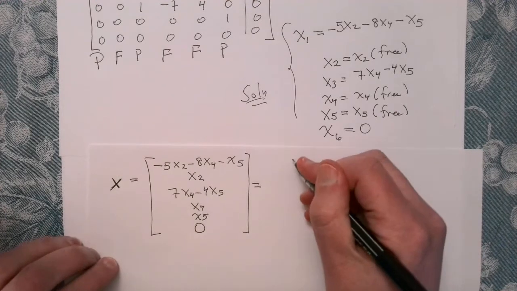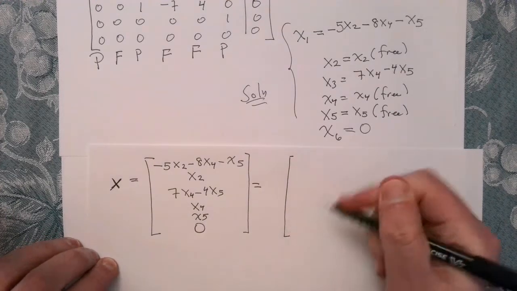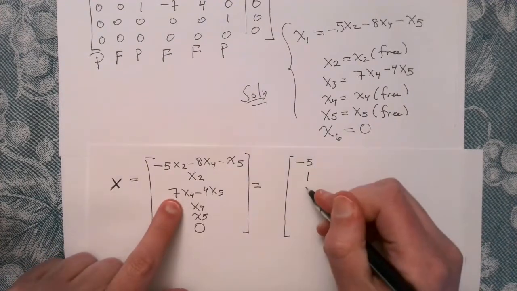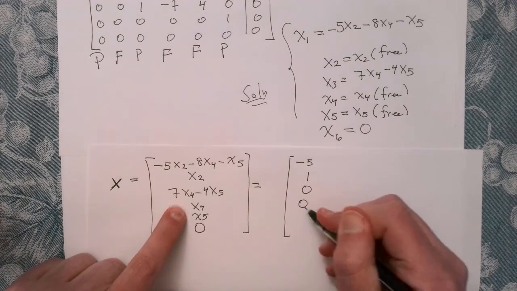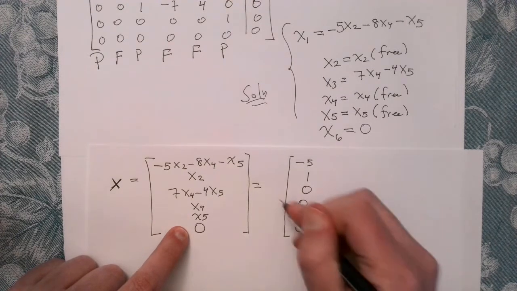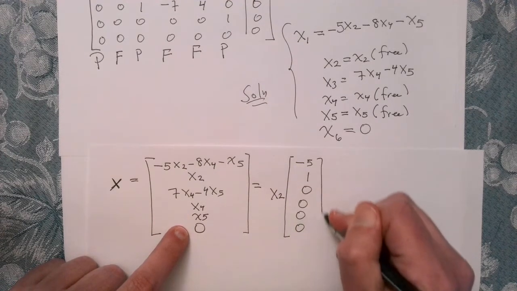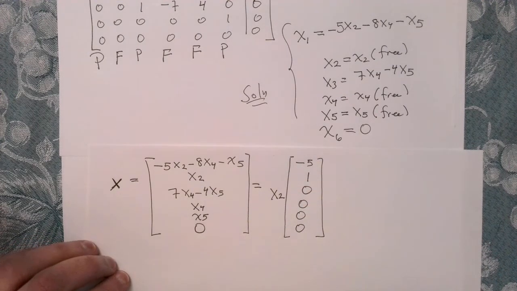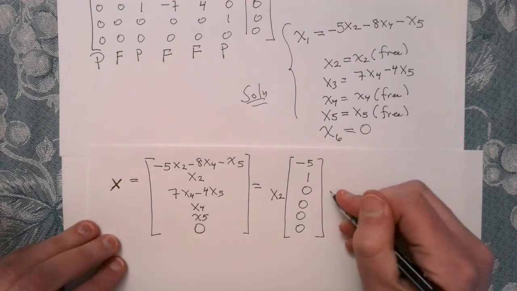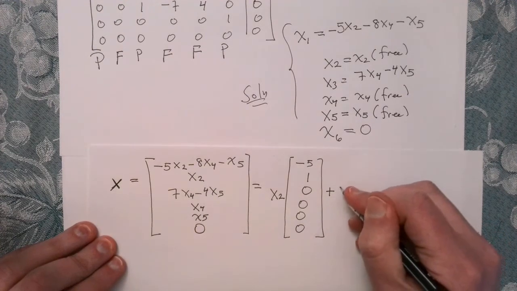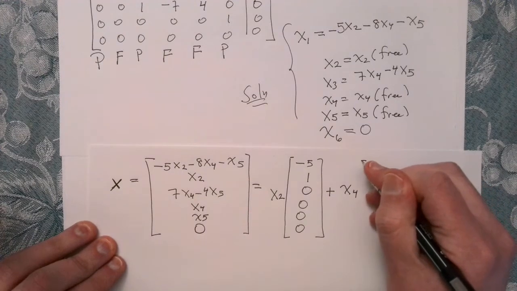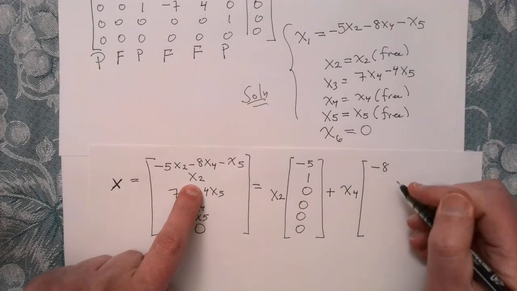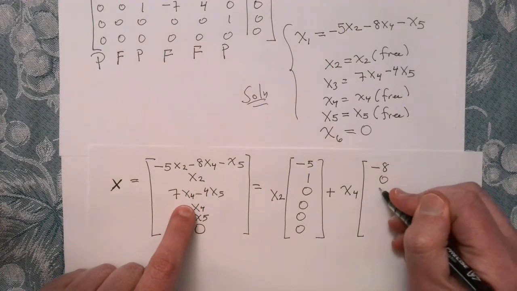Okay, so all of my x2 stuff, so that's going to be minus 5x2, 1x2, 0x2, 0x2, 0x2, 0, coefficient of x2. So you can see if you were to distribute back, you would be talking about all of the x2 stuff. Now the x4 stuff. Okay, so there's minus 8. There's 0 x4s here. There's 7 x4s here.